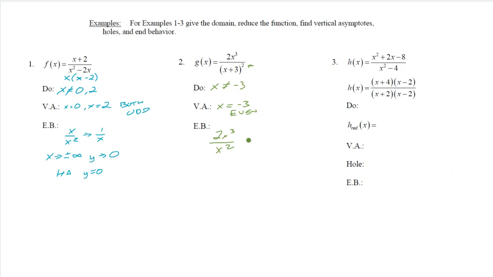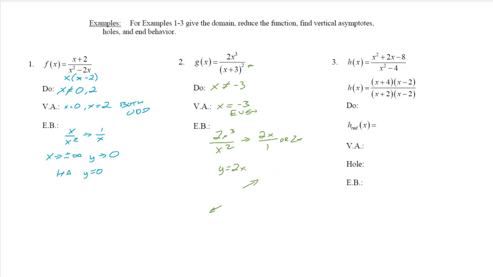So this becomes 2x cubed over x squared, which can reduce to 2x over 1, or just 2x. Now 2x, this y equals 2x. That's a linear function, and it's a positive linear function to the power of 1. That means our end behavior is going to go up on the positive side and down on the negative side.